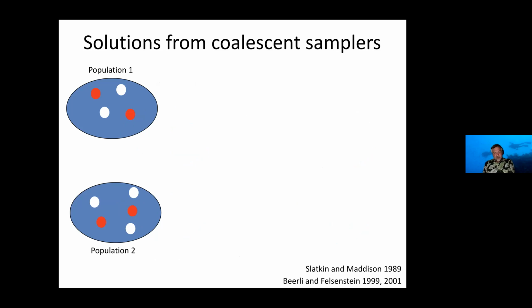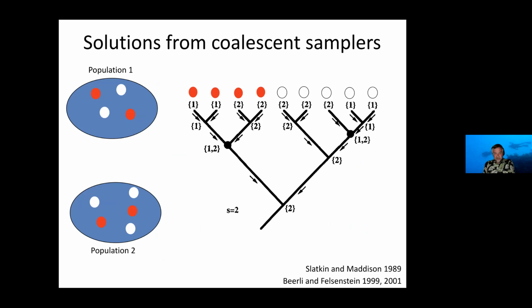What I've found, though, is that if we don't just consider the allelic distribution, if we also consider the coalescent history of these samples, we can actually learn a lot more than we would from FST.